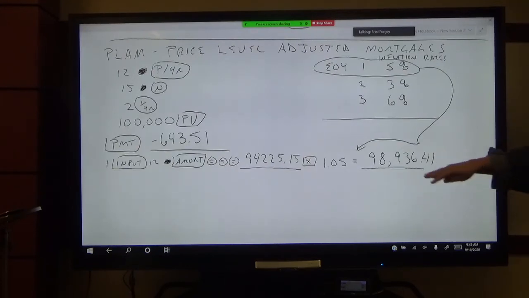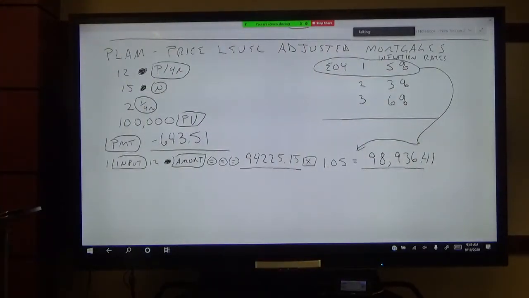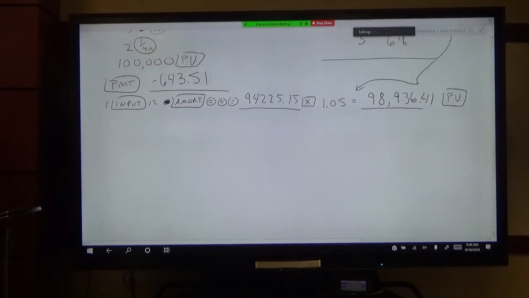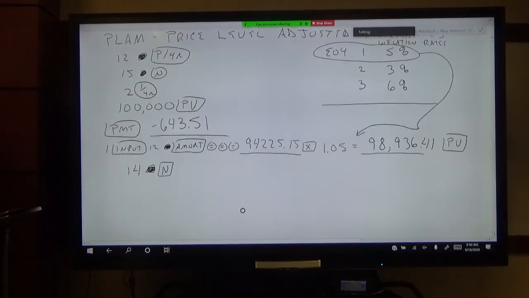Right. Now what this becomes is your new present value, but then we have to adjust the term to 14 years. Can you just push PV now? Yes.